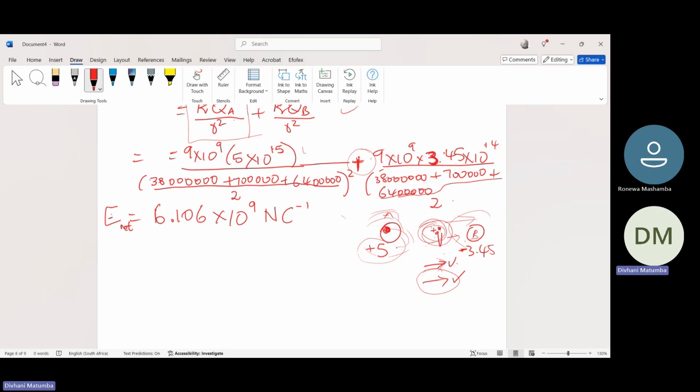So if B was positive, unfortunately, this sign was going to be a minus because your positive test charge was going to be repelled. It was going to go towards the left. Therefore, without doubt, I was going to put a minus there.